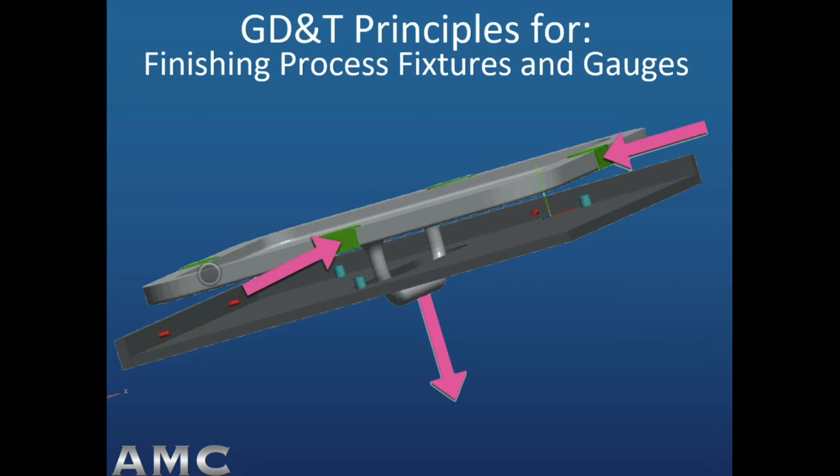So in other words, every casting, 100%, goes into these gauges and is checked first for reliability of its flatness and straightness, and making sure that if you proceed with the next step, which in this case would be grinding the parting plane here on the surface where the mold parting is defined, and there's a match line there between the top and bottom half of the mold, well then you can be assured that proceeding with that next finishing step will result in a casting that will either assemble correctly and or fit correctly in the machining fixture.